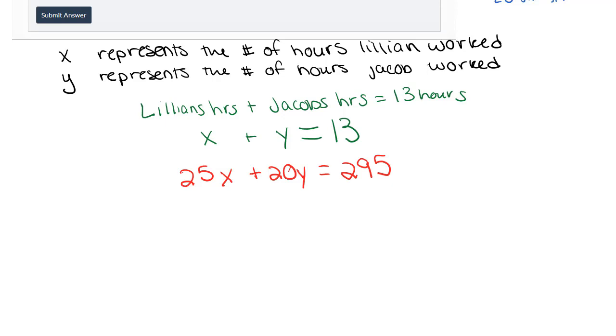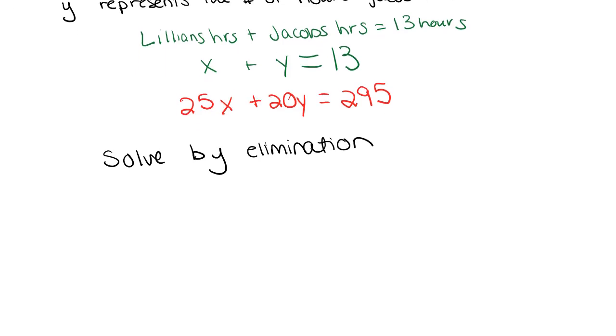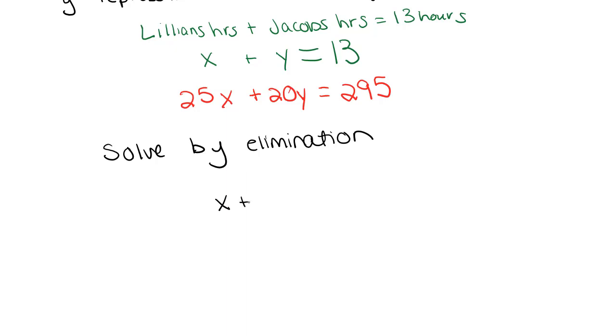In this case, it looks like I could solve by either elimination or graphing. So I'm going to go ahead and solve by elimination, and then I'll check my answer with graphing. All right, so I'm going to copy down the problem here so I can work with it. In elimination, I need a coefficient of one of the variables to match. So I can either multiply the top equation by 25 or 20.